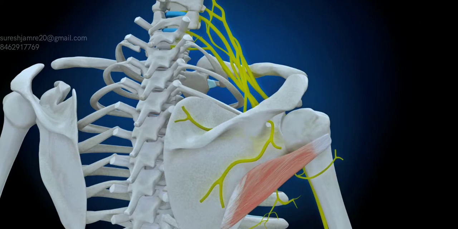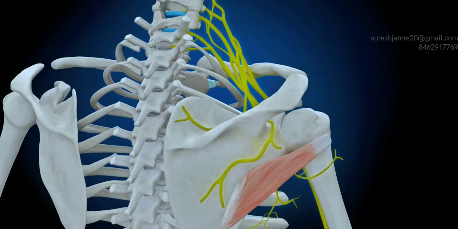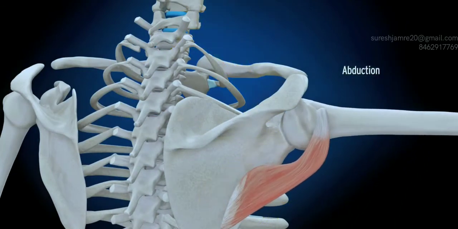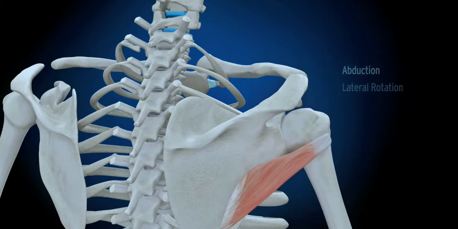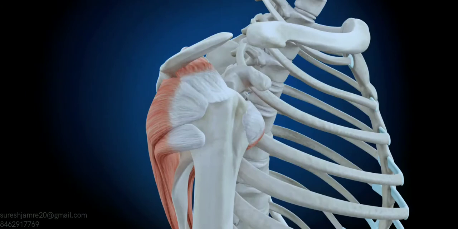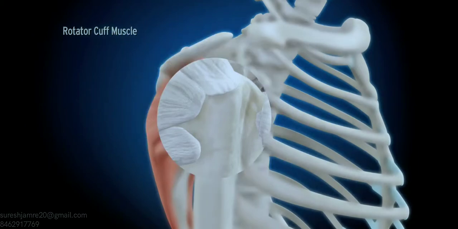Nerve supply: axillary nerve, which has a root value of C5, C6. Actions: abduction and lateral rotation of the arm. Along with the other rotator cuff muscles, teres minor stabilizes the shoulder joint.